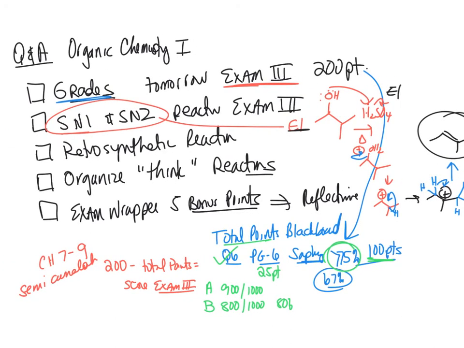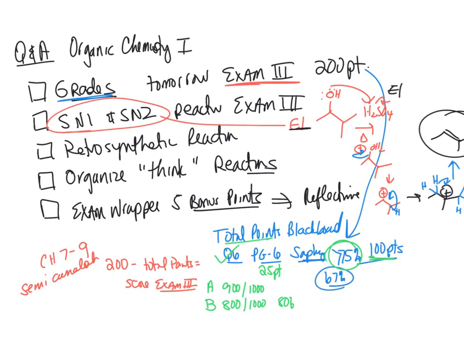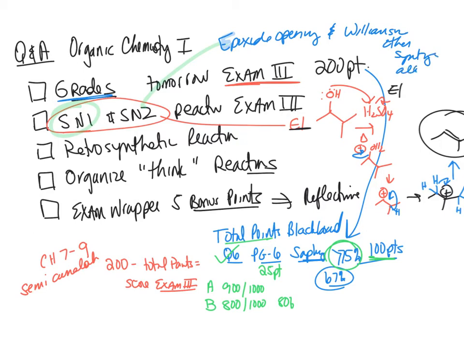But you still have to do your carbocation and hydride shifts that you learned in the SN1. SN2, you're going to see SN2 in epoxide openings, and also what we call the Williamson ether synthesis. You're also going to see these in alkynes, retrosynthetic analysis.